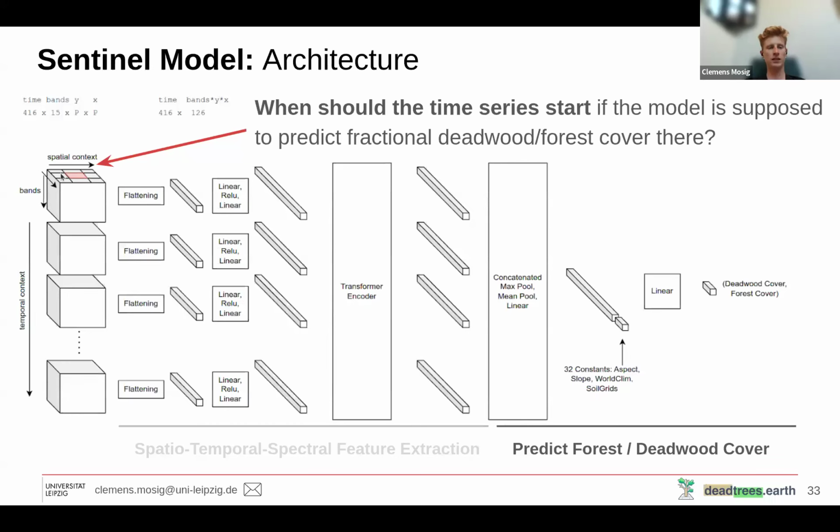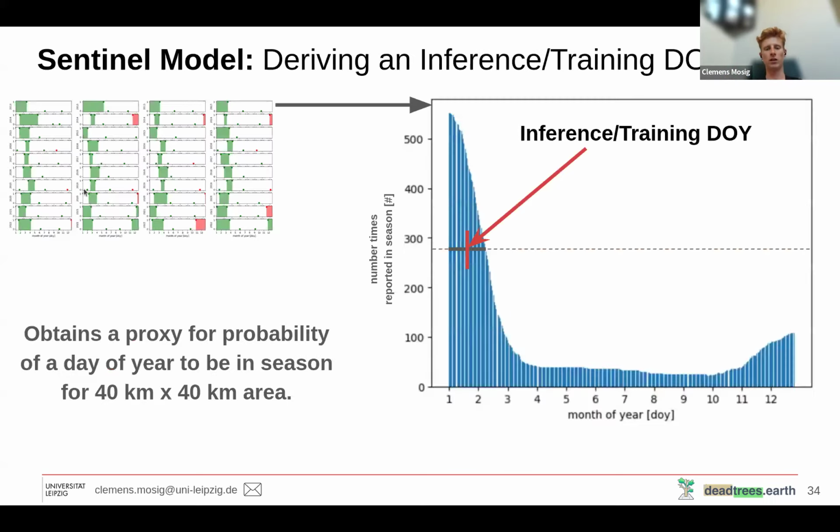For this, we are using a MODIS-derived phenology product. I haven't put the source in. It's technically at 500-meter resolution, but it's a bit inconsistent spatially and temporally. So we aggregated it to 40 kilometers and 1 timestamp, to get a probability distribution of when the growing season is and when it isn't.